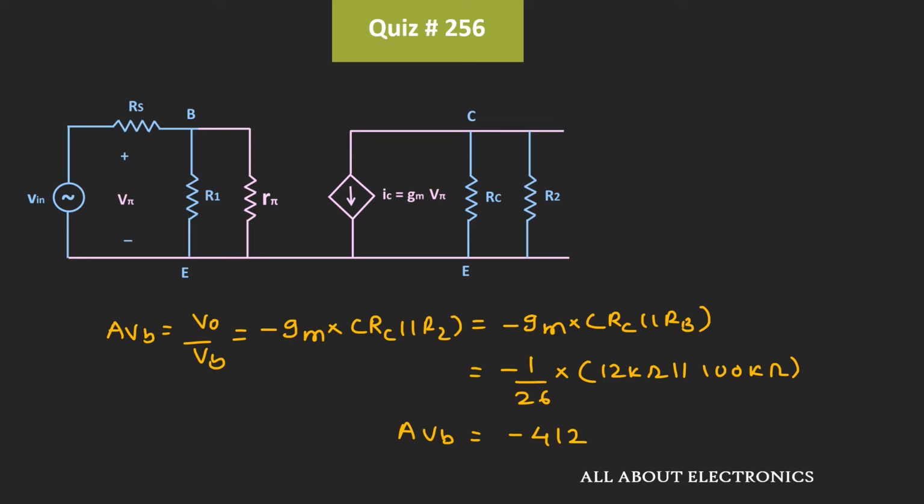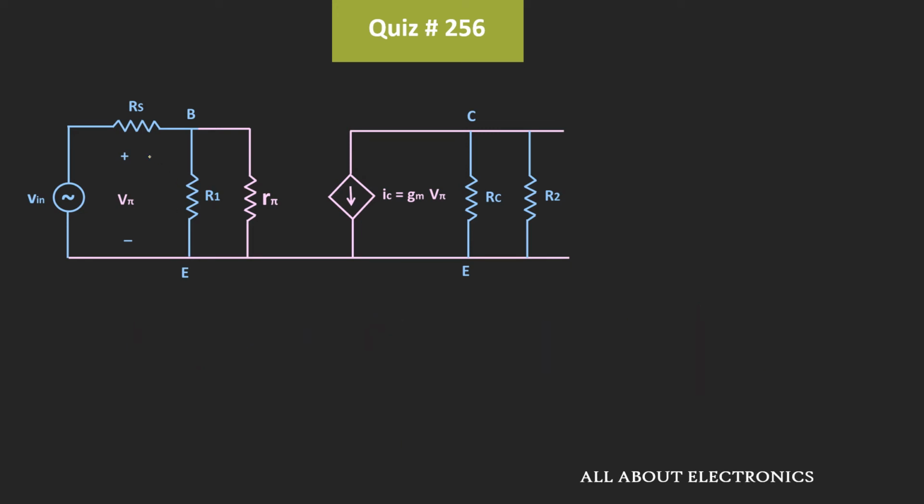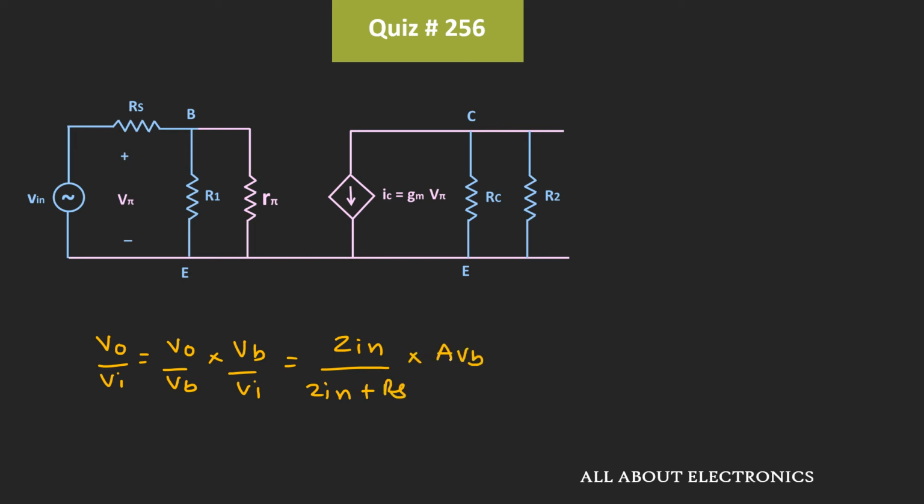Now to find the voltage gain Vout divided by Vin, we also need to take into account this series resistor. That means Vout divided by Vin is equal to Vout divided by VB times VB divided by Vin, that is equal to Zin divided by Zin plus Rs times AVB, where Zin is the input impedance seen through the base terminal.